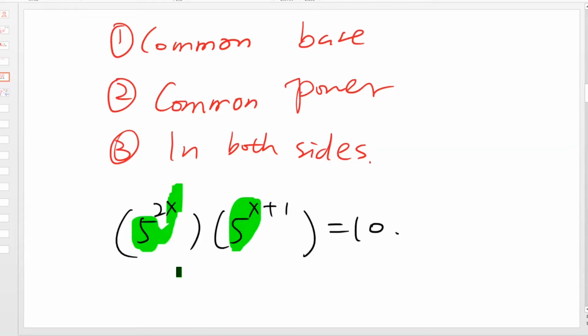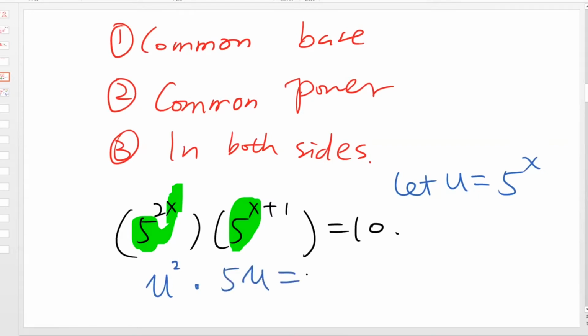So when they share this common 5 to the power x, ultimately you will need to do this. Let u equals to 5 to the power x, and then you should get a quadratic equation. Over here you should get u square, and then this one you should get 5u, and then equals to 10. So you should get these quadratic equations.